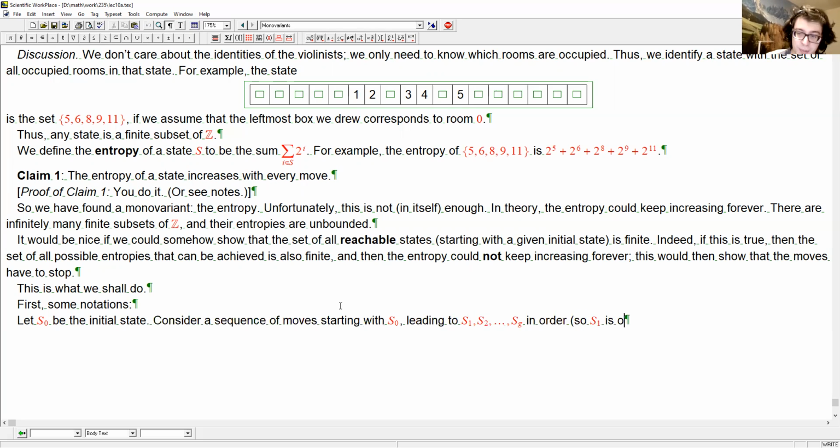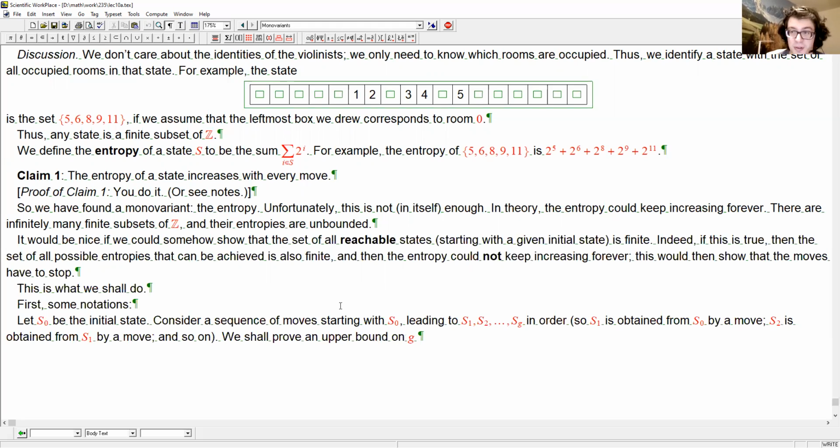So S1 is obtained from S0 by a move, S2 is obtained from S1 by a move, and so on. We shall prove an upper bound on g entirely in terms of S0. What this will give us is that we cannot do more than this upper bound many moves, and this means the moves have to stop.